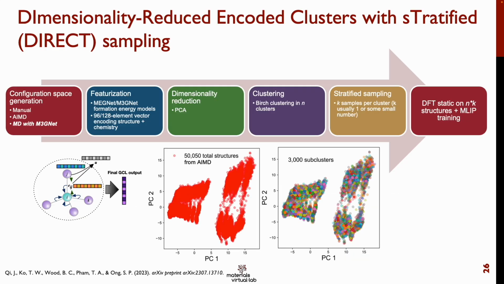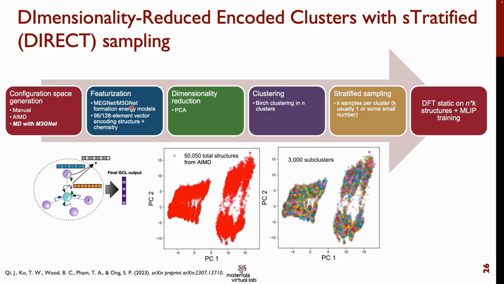And I came up with this dimensionality reduced encoded clusters with stratified sampling method, in short, direct sampling, to try to create a subset that has robust coverage of the features that we sample in whatever structure generation scheme, like AIMD or M3GNet molecular dynamics.